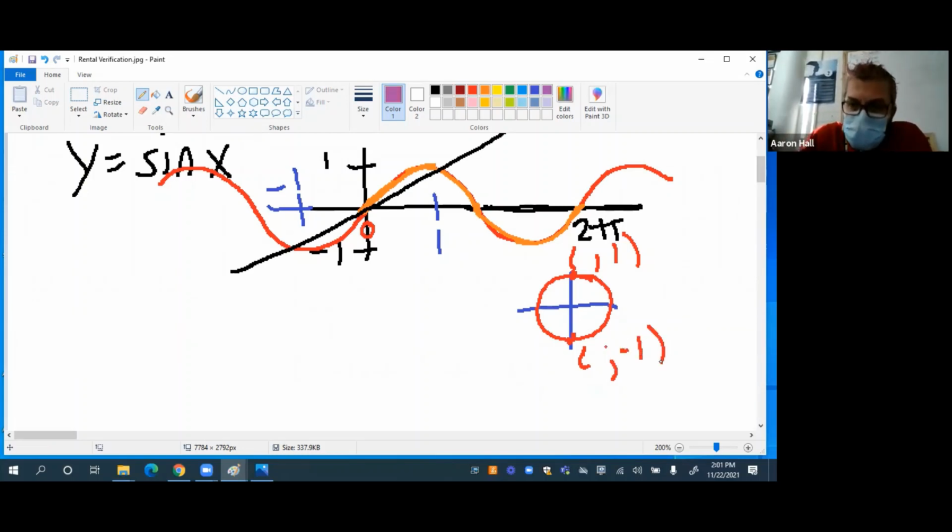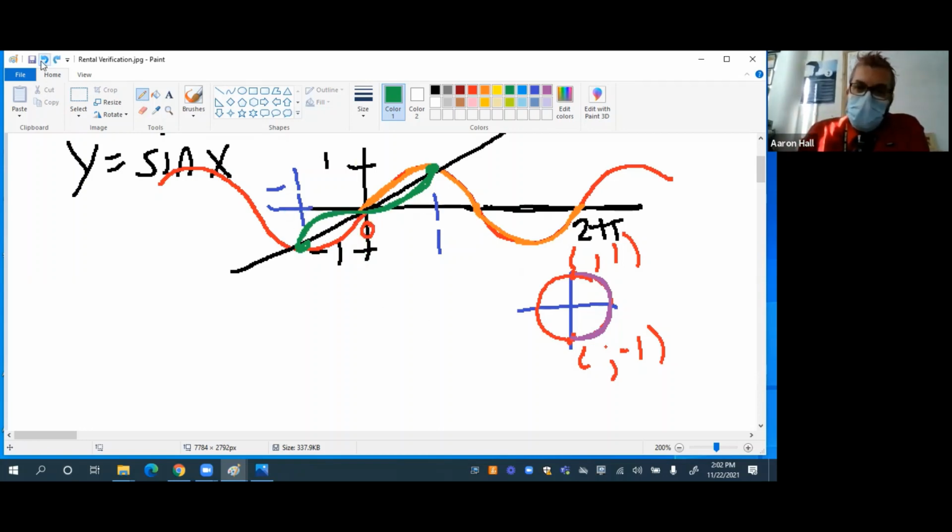We're looking at this little piece right here. We just reflect that one little piece, something like this. When our x's become our y's and our y's become x's, that range from -1 to 1 becomes my domain.